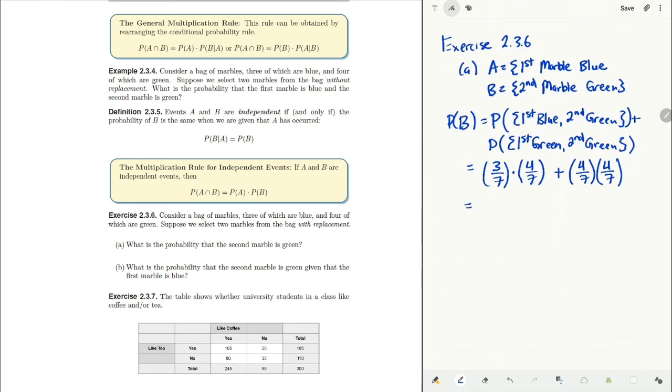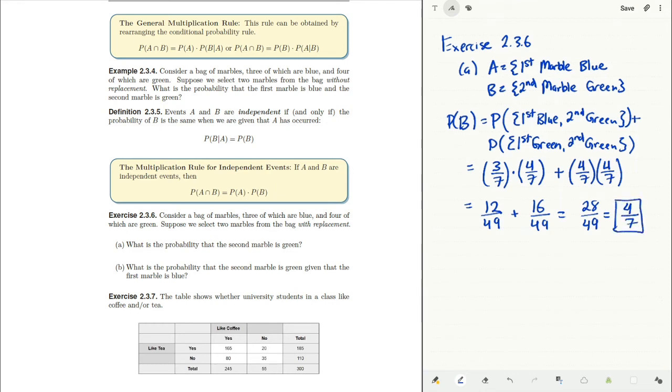So these are the 2 possibilities for the second marble being green. Now we can add these together, and this gives us 12 over 49 plus 16 over 49. That gives us 28 over 49, which can be reduced to 4 out of 7.